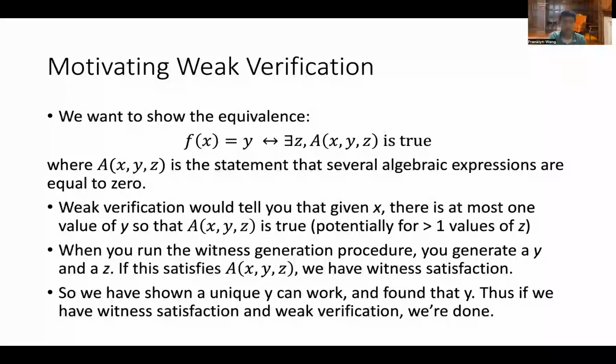Sorry, I'm a little under the weather, but knowing that y equals f of x, or knowing that weak verification is true, is already enough for you to show this equivalence given witness satisfaction. Later on, we'll talk about what happens when you don't have witness satisfaction. And there, indeed, witness verification becomes useful. But if you can always get a y and a z that work, and you know y is unique, then everything's okay.